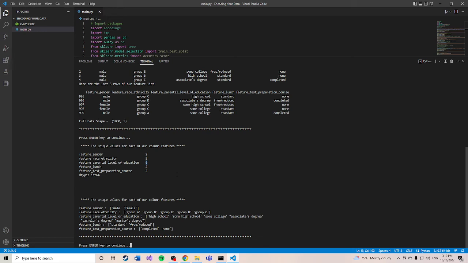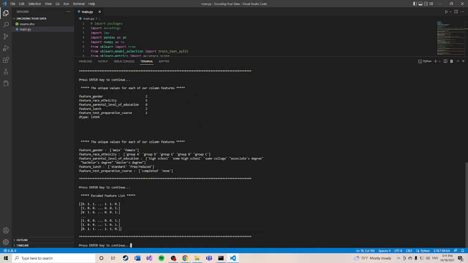So our level of education, there was 6 different levels of education it could have calculated. And then just easy enough, our feature lunch was standard or free and reduced. There's our 2. And our feature for the test preparation was either completed or they did not take it, which was none. And there's our 2 for that. So we'll press enter again to continue.